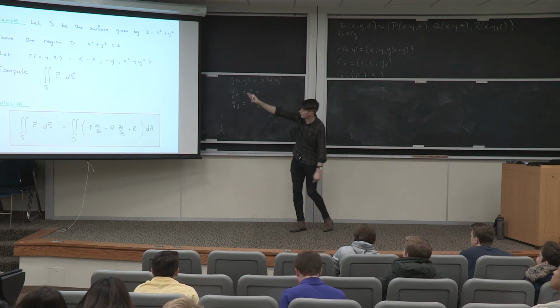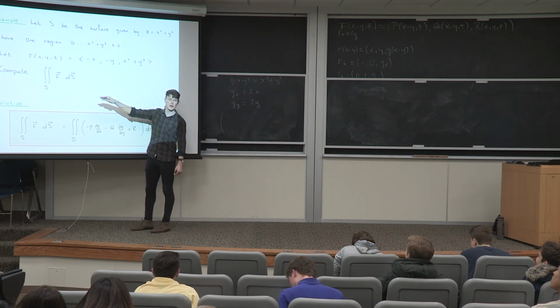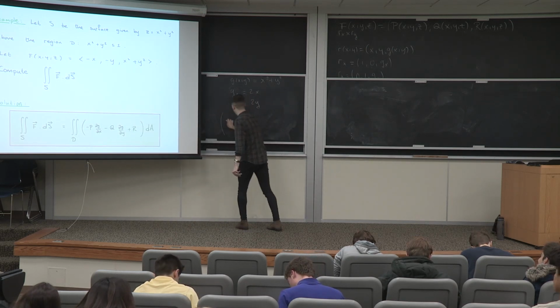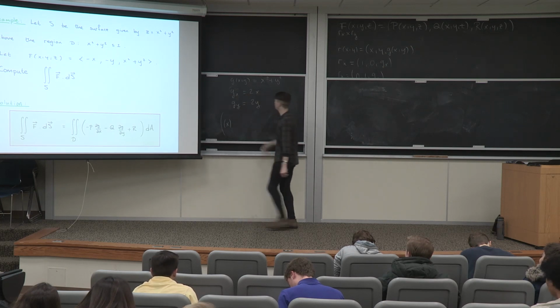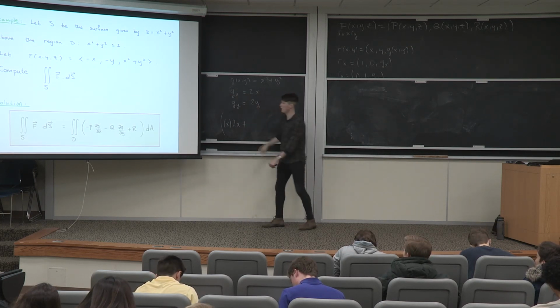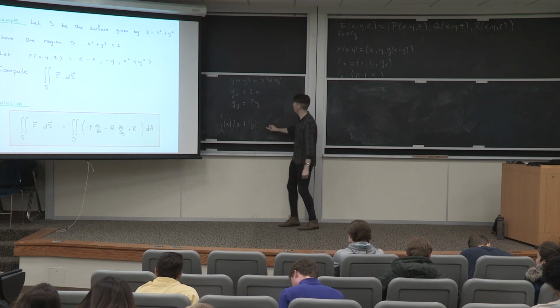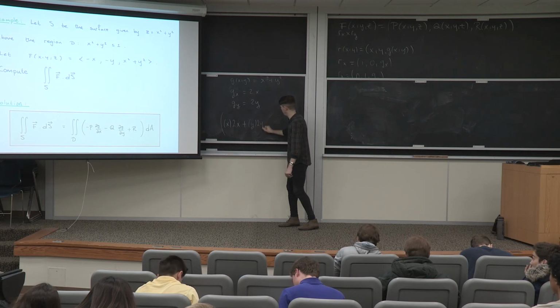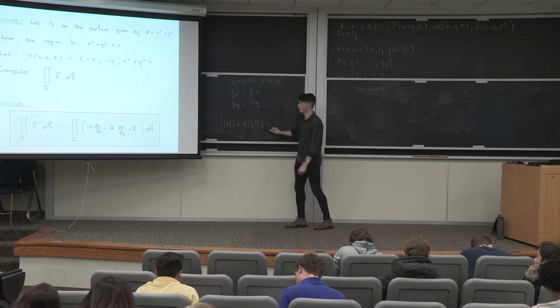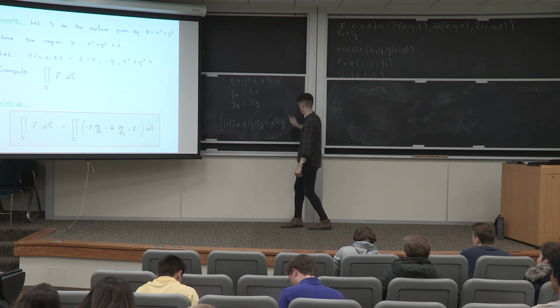So it's P, Q, R. So minus P is x. Okay. So x times 2x plus what's minus Q? y times 2y. What's R? x squared plus y squared.